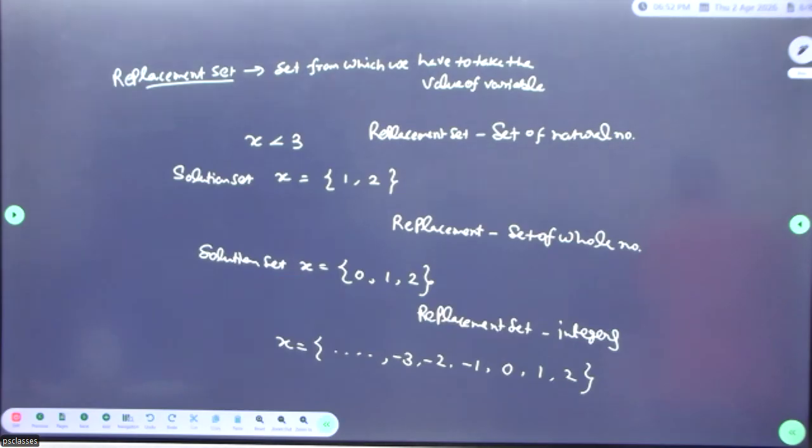Now we'll start with exercise 4a. True or false is there? MCQs are there. State true or false.